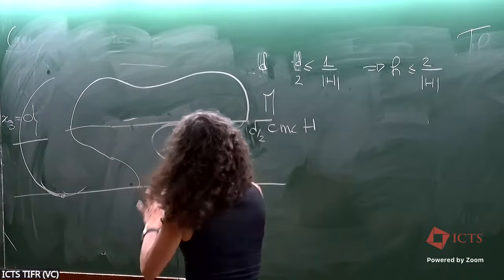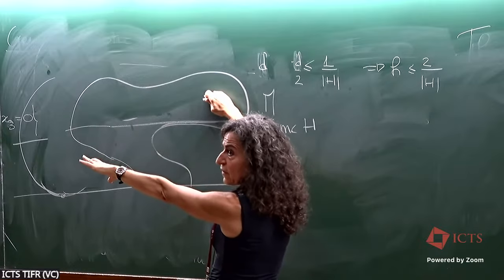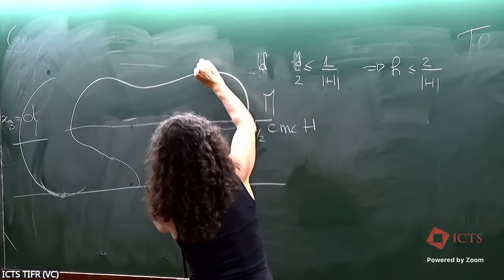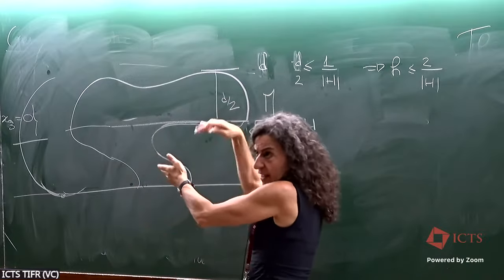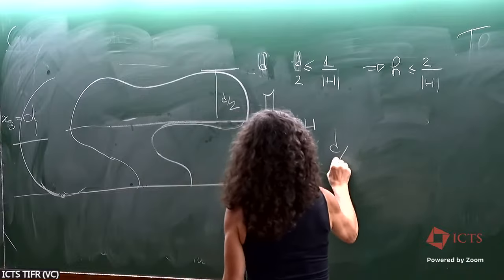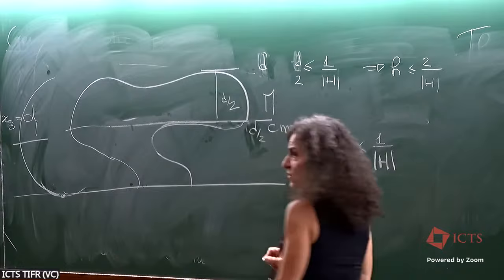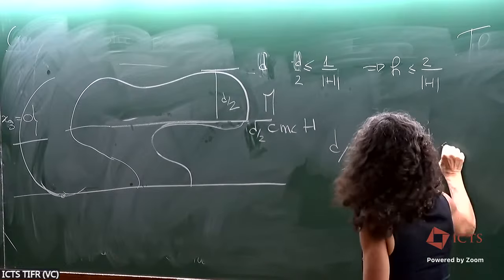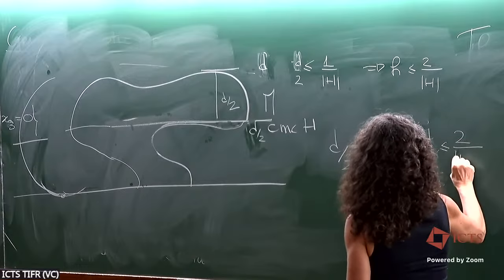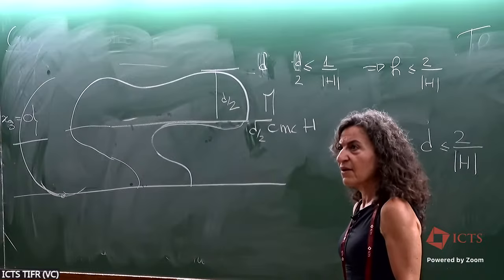So now, for the graph, you have a Serrin estimate. The graph has height D over 2, because we cut by 2. So you have that D over 2 is smaller or equal than 1 over the absolute value of H. And then the maximal height is smaller or equal than 2 divided by the absolute value of H. That is exactly the theorem.